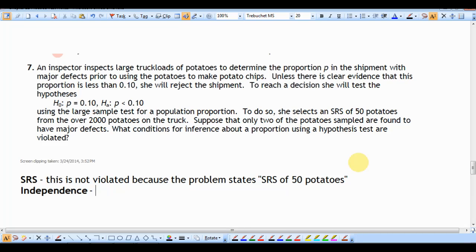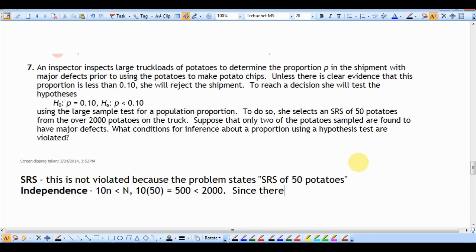So independence, that would be 10 times the sample size is less than n. So 10 times 50 is equal to 500. That's definitely less than the 2,000 potatoes on the truck.